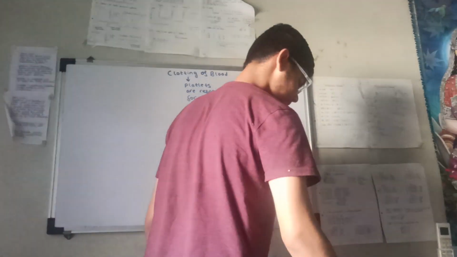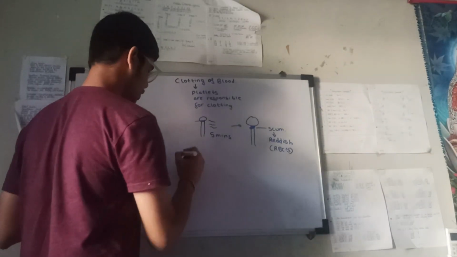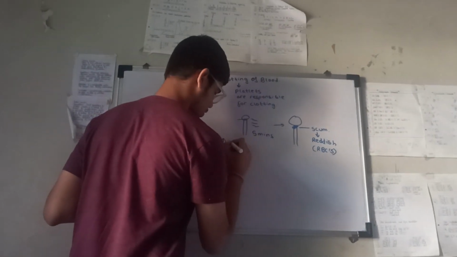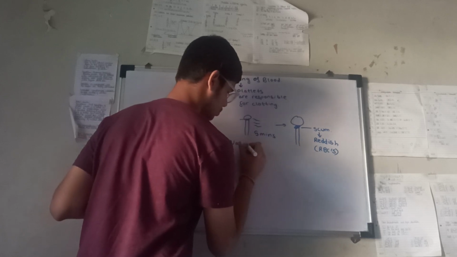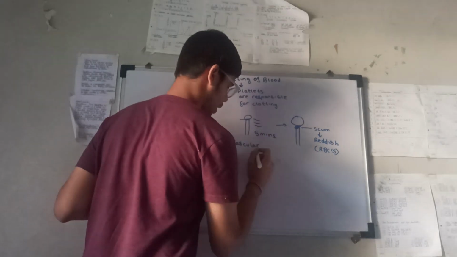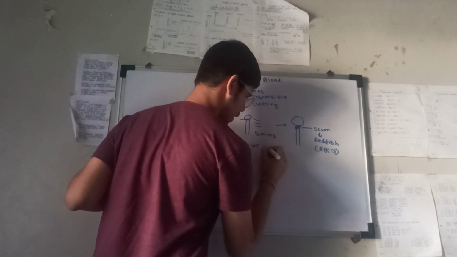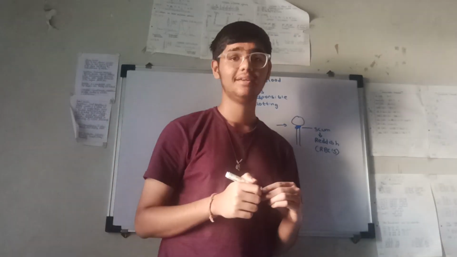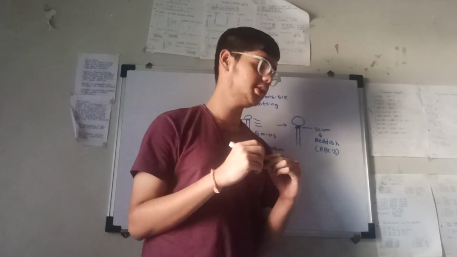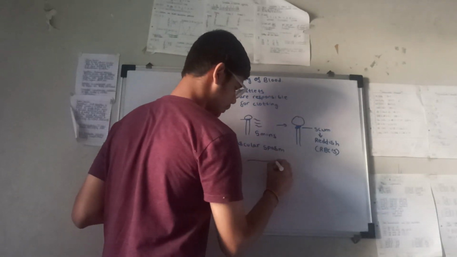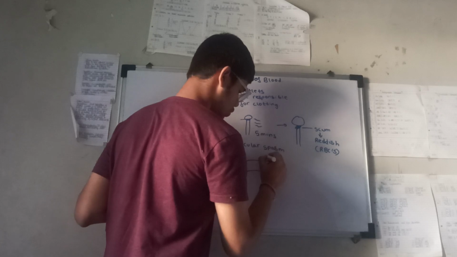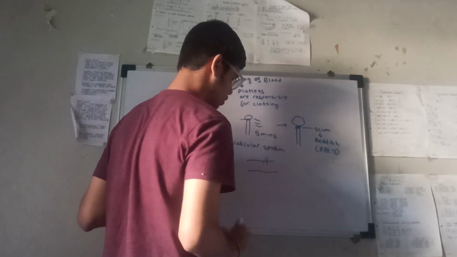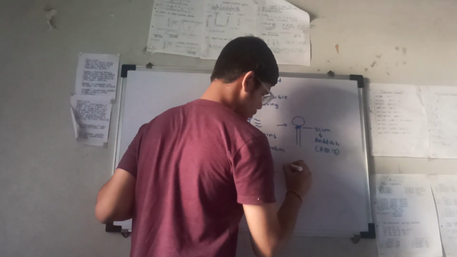So first step of it is vascular spasm. This is a complex word, but what is its meaning? See, here there is a blood vessel, and here you get hurt. So what will happen?